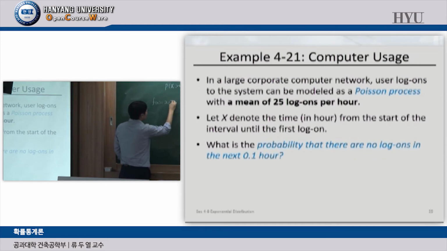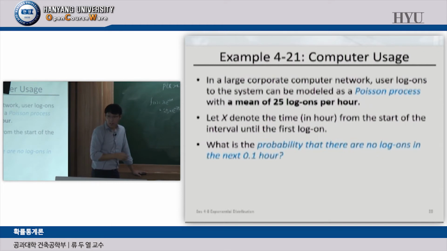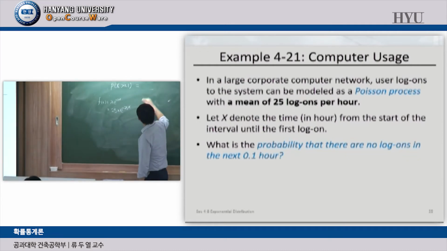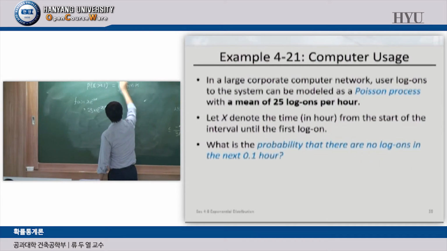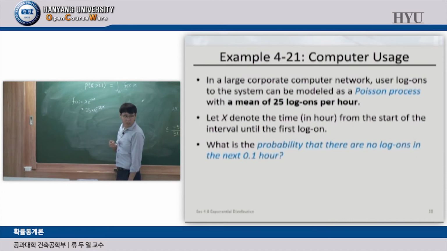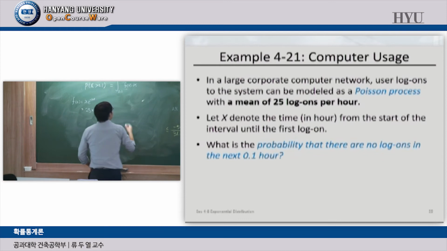And what is the probability density function for this case? That is lambda e^(-lambda x), right? So this can be rewritten: what is the lambda? Lambda is 25 here, so 25 e^(-25x). So this can be the integration of f(x) dx from 0.1 to infinity.